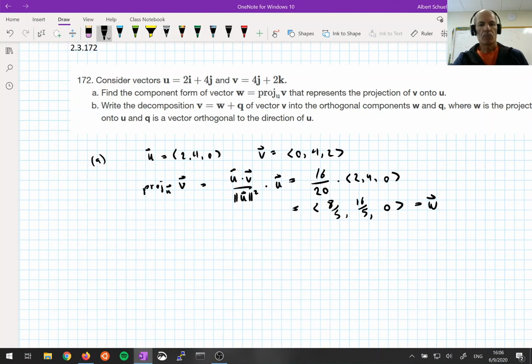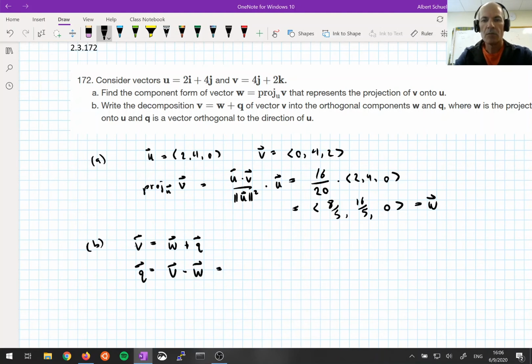All right, to answer part B, we first need to compute q. We know that q is equal to the vector v minus the vector w. What's the vector v? It's 0, 4, 2. And the vector w we just computed is 8/5, 16/5, 0.